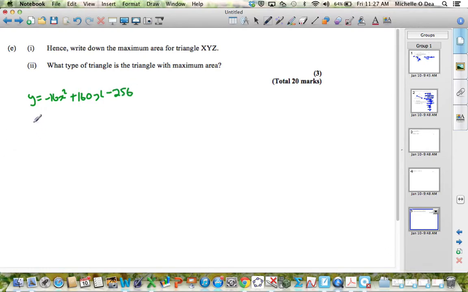And then we just got an expression for a squared. A squared equals exactly the same thing: minus 16x squared plus 160x minus 256.